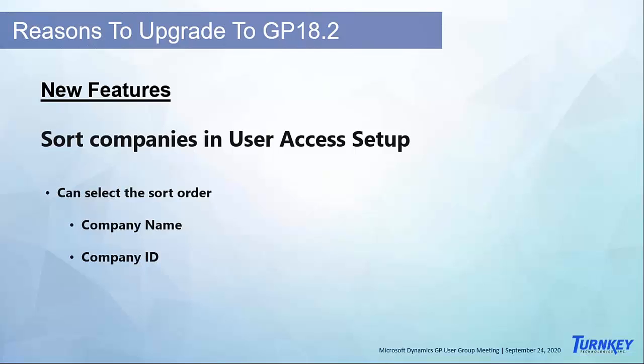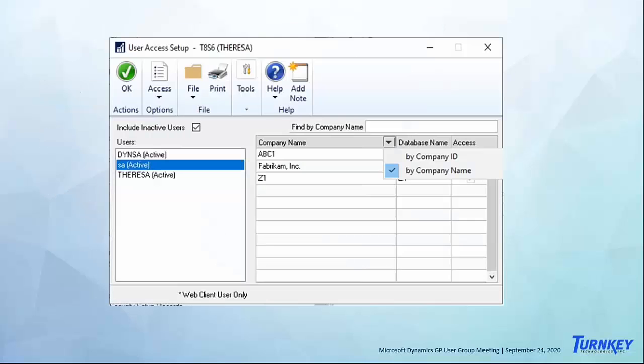Okay, in the user access setup window, you can change the sort order of the companies that the user can access by company name or company ID. It comes in very handy if you have several companies. For example, as you can see in the drop-down box there, you can use either the company ID or company name. I know you have some customers that have up to 100 companies.